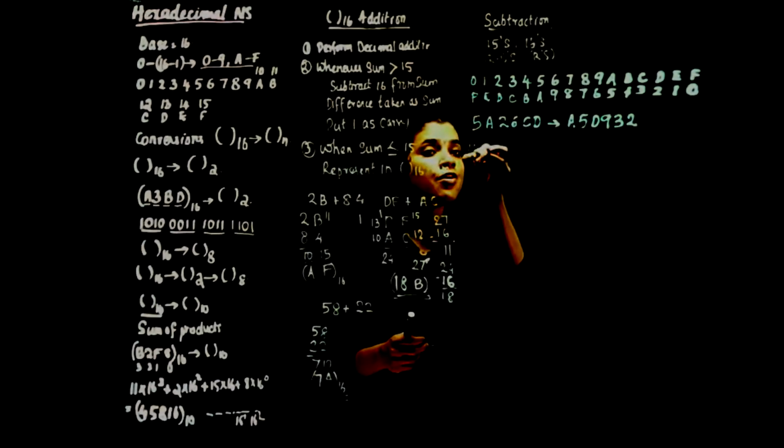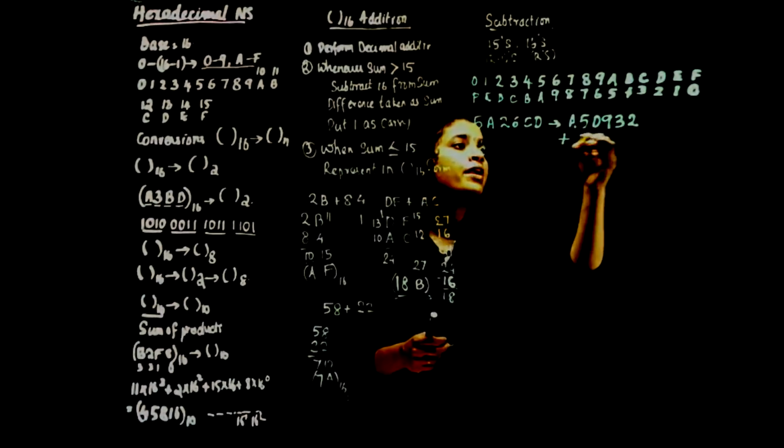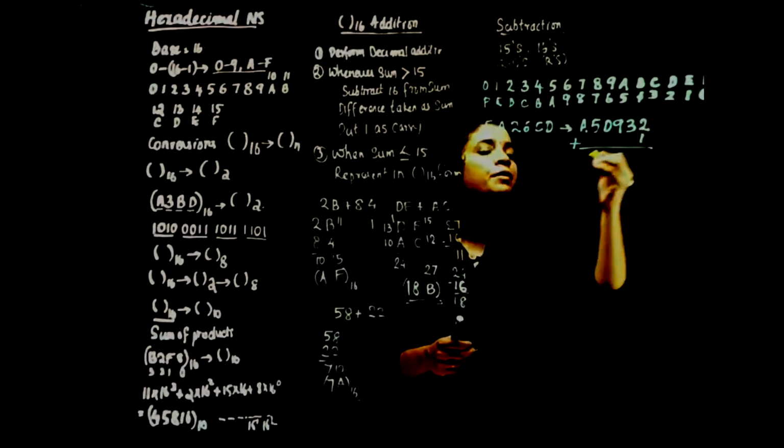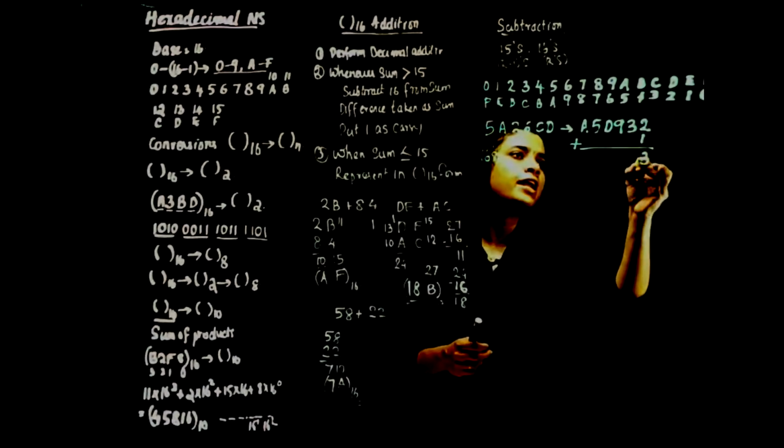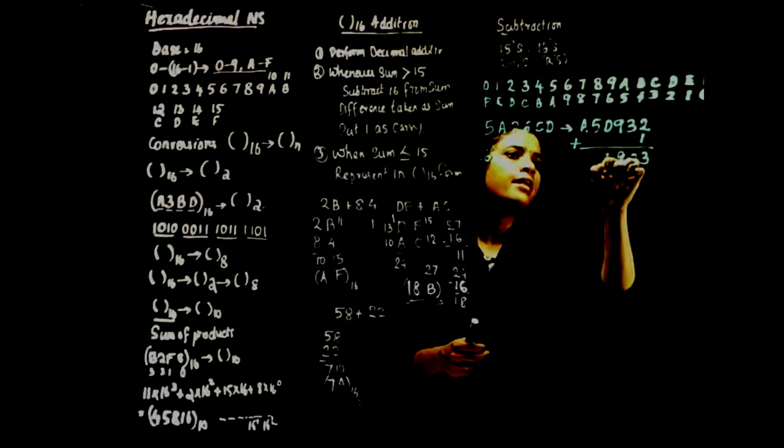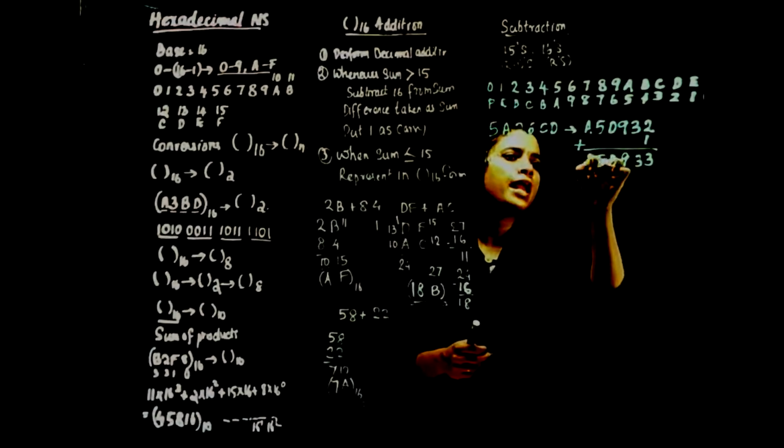And the 16's complement is actually 1 plus this 15's complement. This will give you 3, 9, D, 5, A.